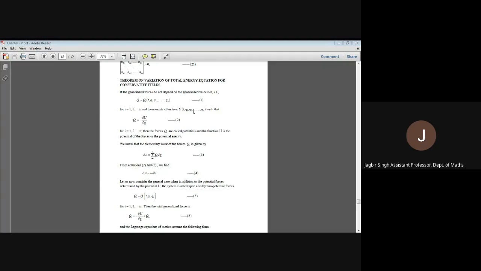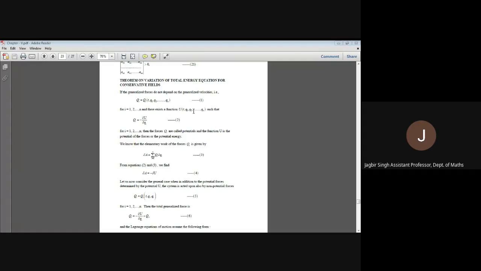Then this U is known as the potential energy, and these Qi, the generalized forces, are known as the potentials. If these terms exist and this property holds, then we will term the generalized forces as potentials, and U, the function that exists, as the potential energy or potential of the forces.